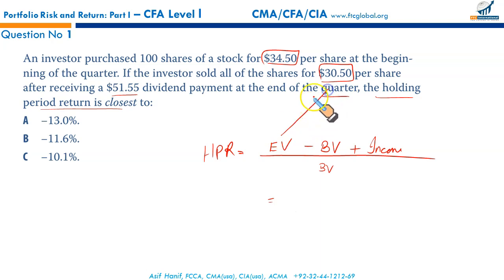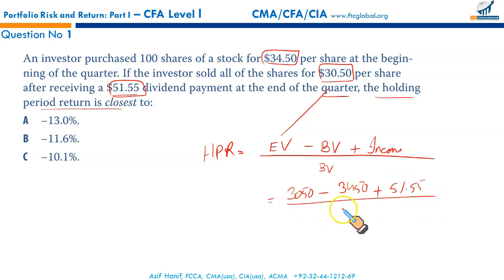So ending value was 30.5 times 100, that is 3050. The beginning value was 34.50 times 100, that is 3450. And the income that we have earned over the period was in total, it's not on per share basis, clearly 51.55 is the total dividend payment over the quarter, and then divided by the beginning value, which is 3450.